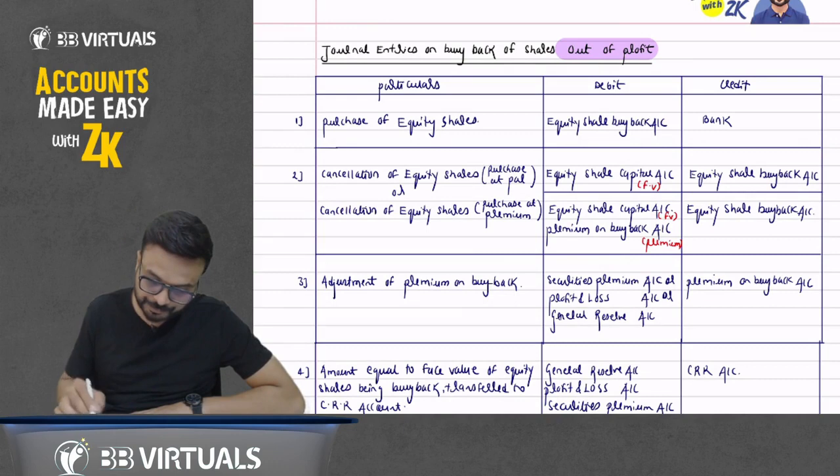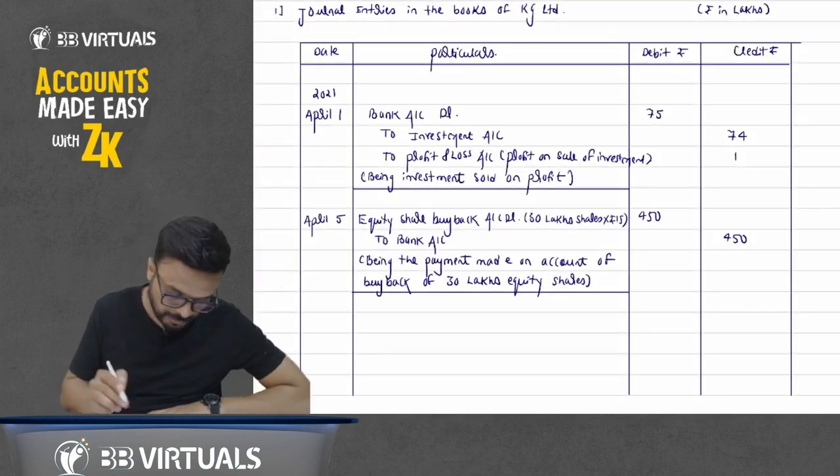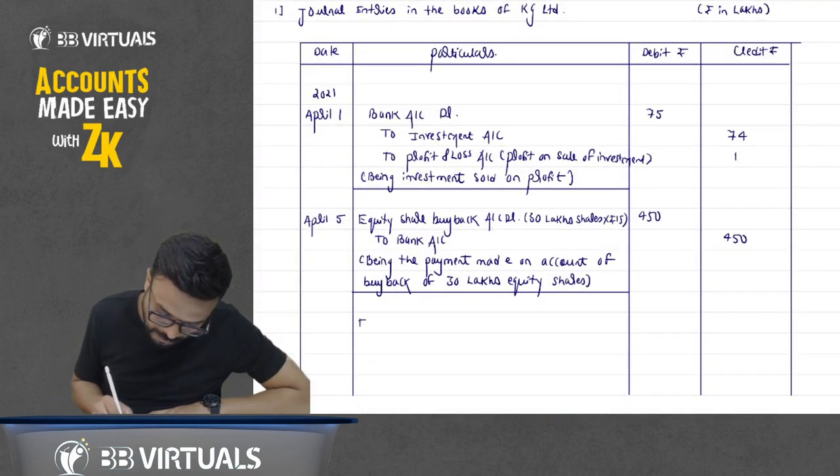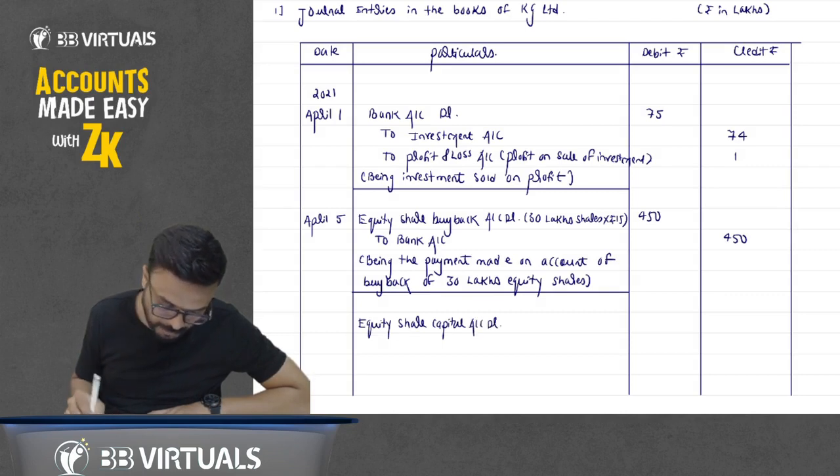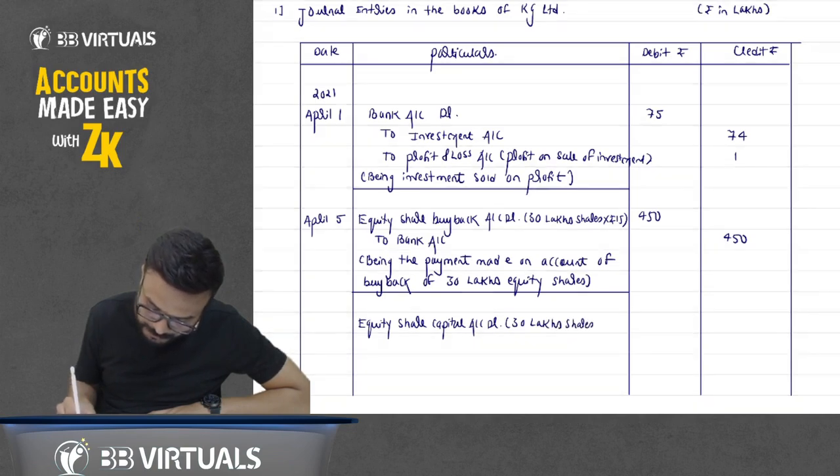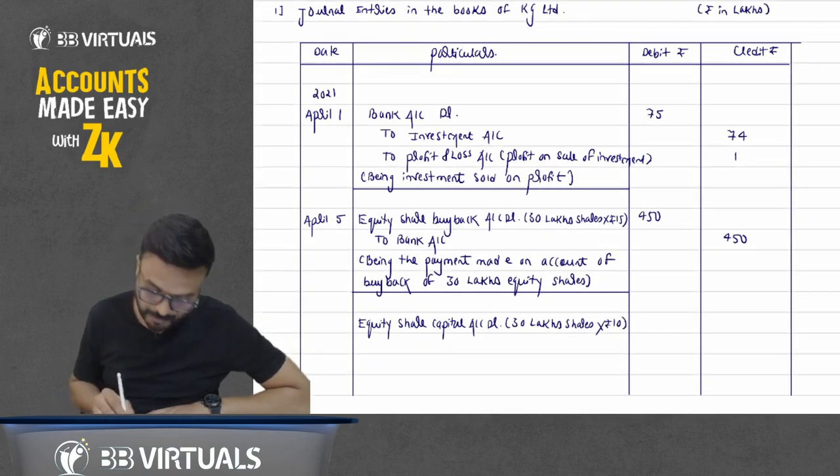So write down here the next entry. Equity share capital account debit, 30 lakhs shares, face value is rupees 10.